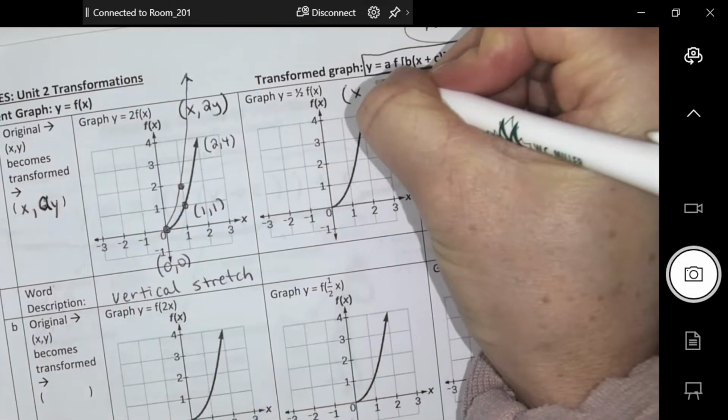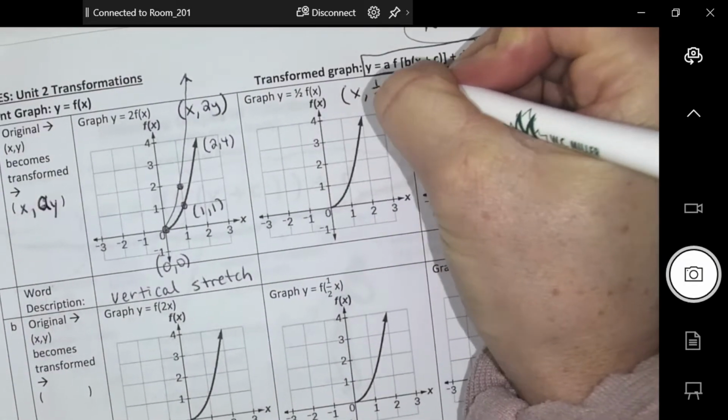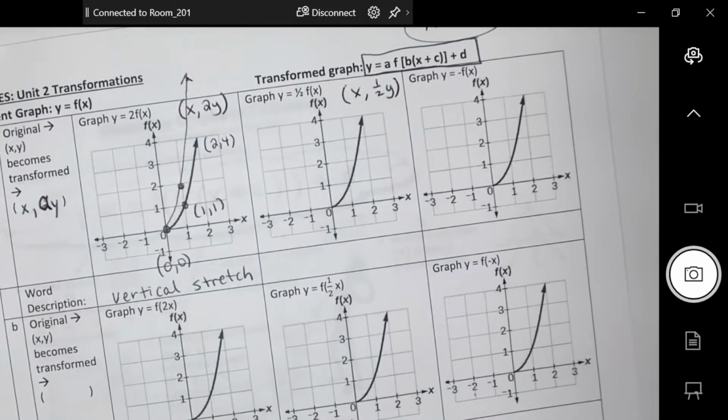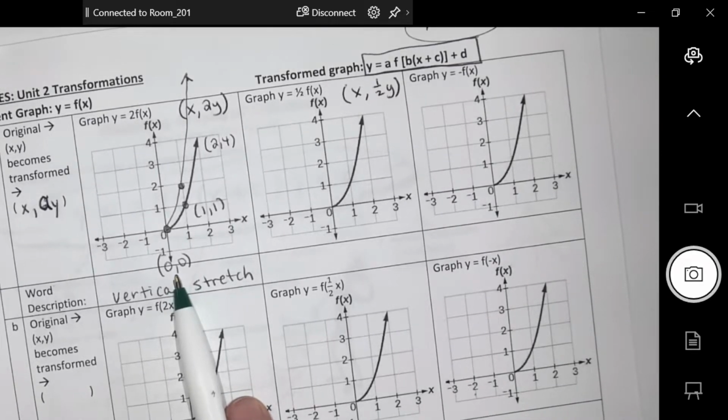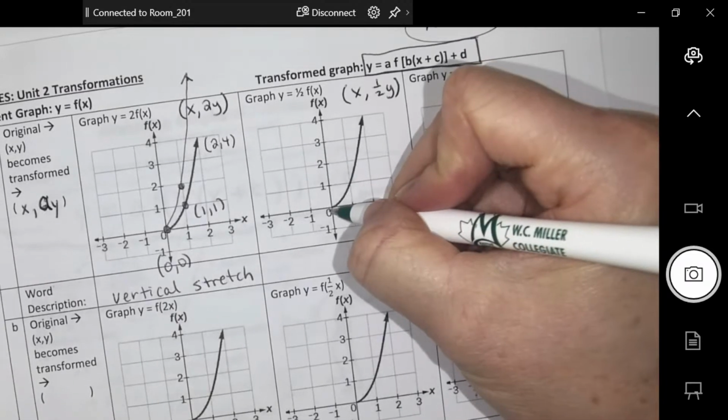Okay, the next I have an a value of 1/2. So x comma 1/2 y. So I'm going to take the coordinates. So where does 0, 0 change to? It doesn't.